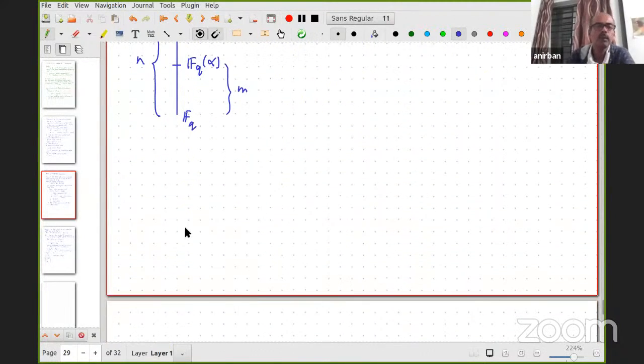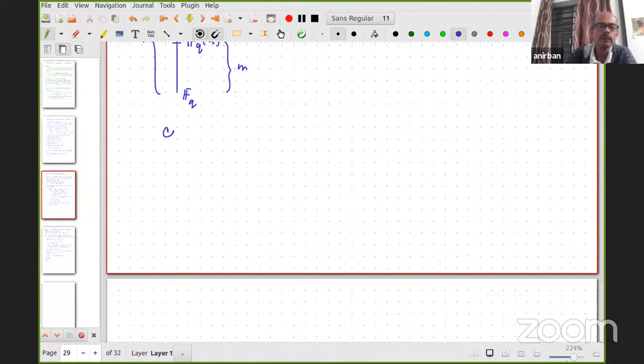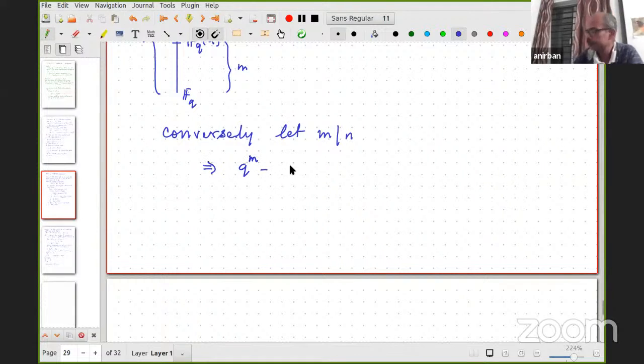Conversely, let m divide n. That implies q to the m minus 1 is going to divide q to the n minus 1.